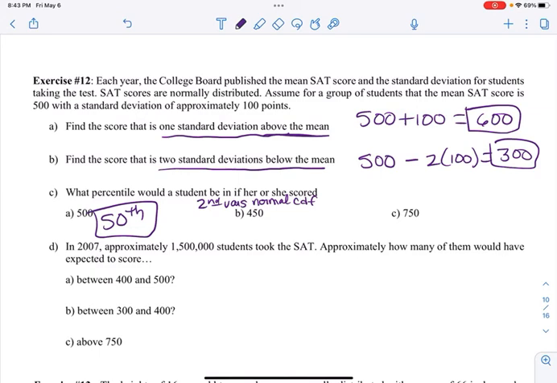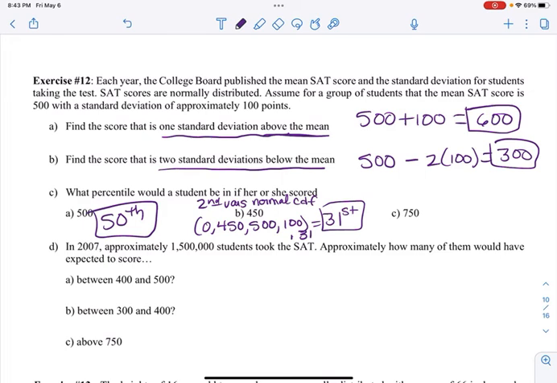The lowest number is going to be 0. The upper number is 450. The mean is 500 and the standard deviation is 100. So that's what's going into my calculator, and it's going to get 0.31. So it's the 31st percentile.